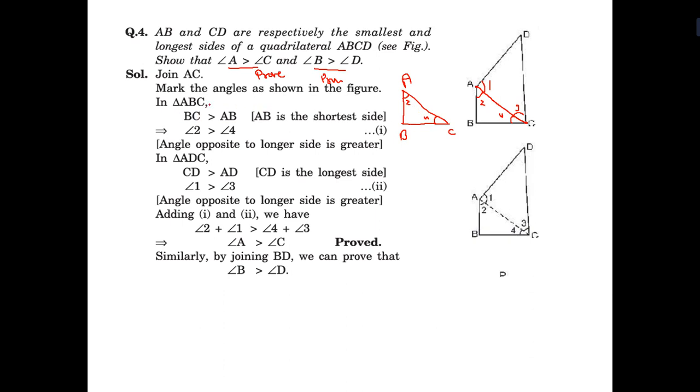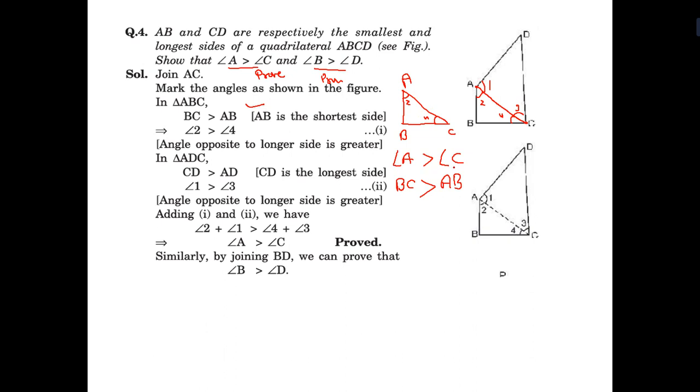Now as shown, angle A is greater than angle C. Angle A's opposite side is BC, and angle C's opposite side is AB. So in triangle ABC, BC is greater than AB, because AB is the shortest side. You will see the figure.